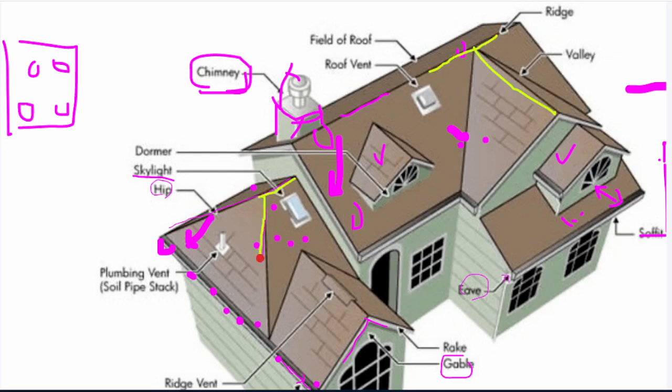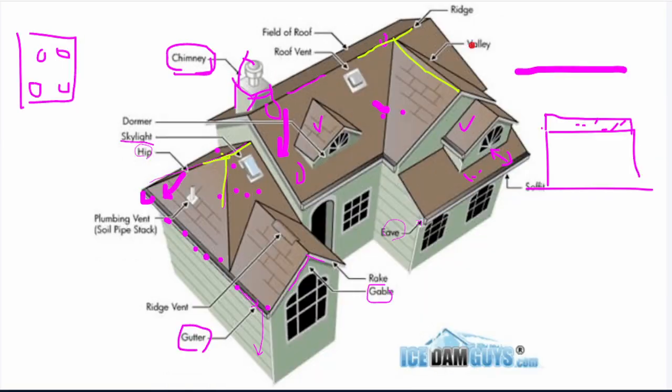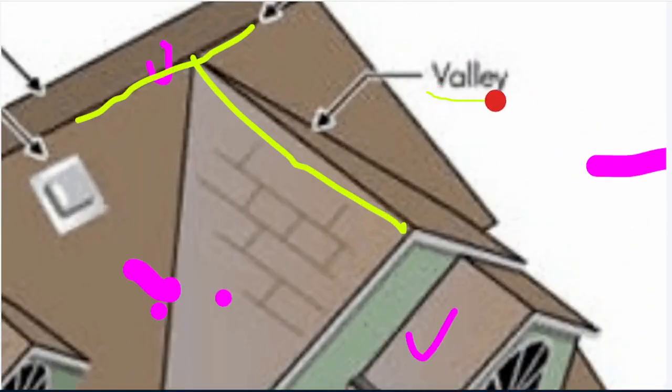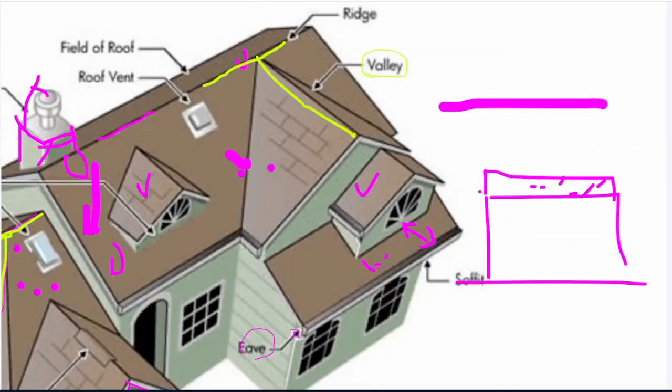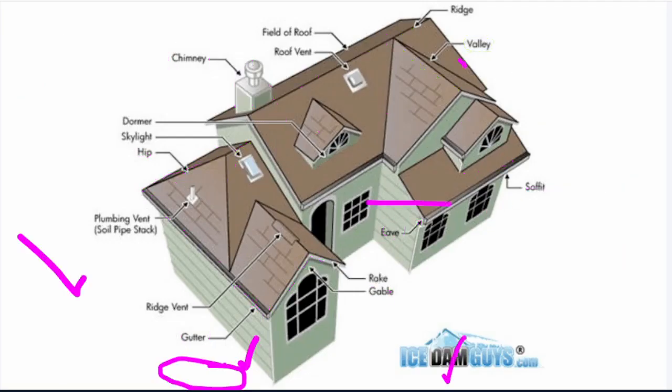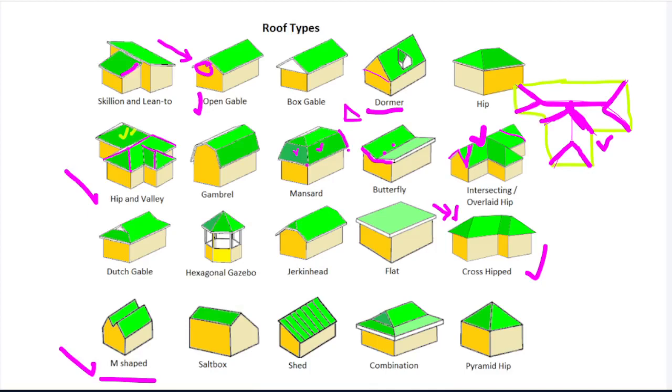So hips are the highest parts, and we also have valley. Valley means, let me draw. I think if I have here. Yes, this part is valley. Look at here, it is written here, valley.